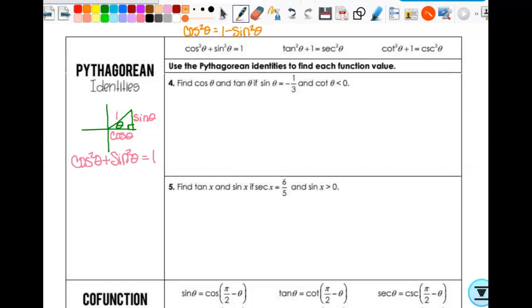Since tangent squared theta plus 1 equals secant squared theta, then tangent squared theta equals secant squared theta minus 1. Do you understand how I got that?